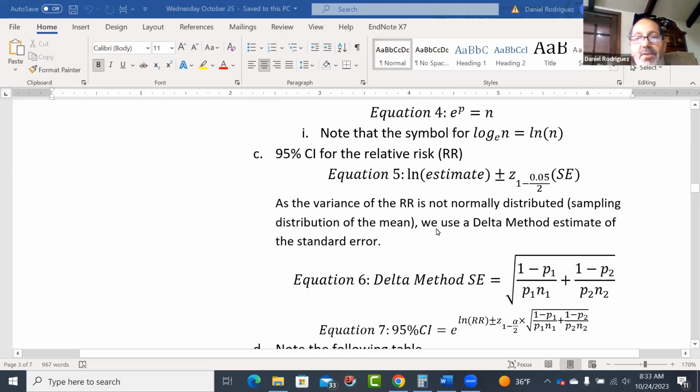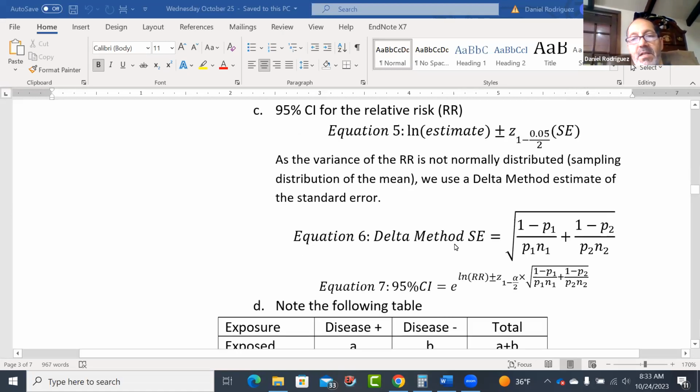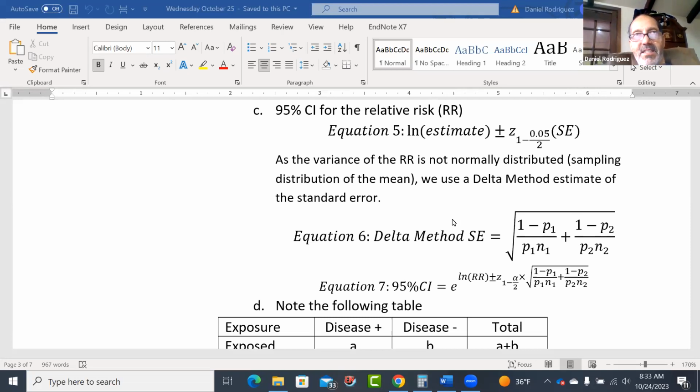Another issue that we have is that the variance is not normal either. Oh my gosh, right? And a non-normal variance is a problem. When we do any kind of estimation in statistics, we generally divide by the standard error. If the standard error is skewed in one way or another, that's problematic.